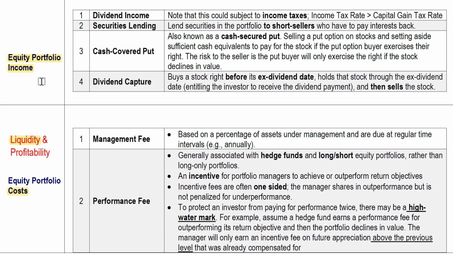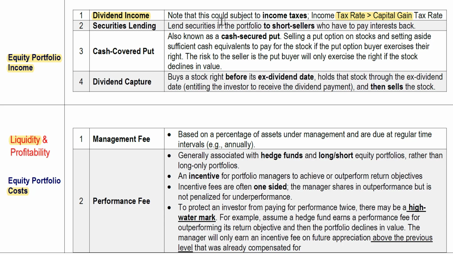First, we could generate cash from cash dividends. So the dividend income is pretty obvious. However, when we talk about dividend income, it's going to be associated with tax. Usually the income tax is higher than the capital gain tax. So for some portfolios, you have to be aware that the client may have tax exposure.